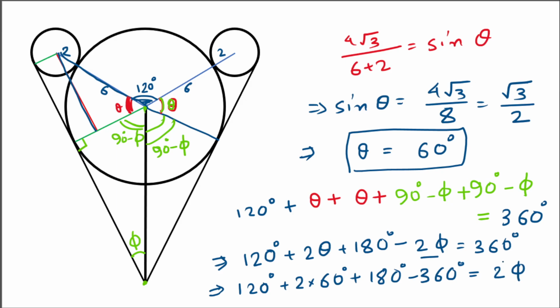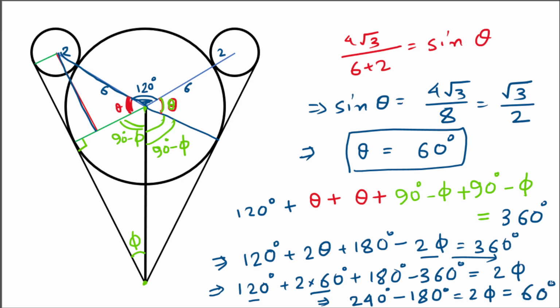We are taking this 2 phi to this side of the equation. So we'll write it again. This is 240 minus 180 degree, because 120 plus 120 is 240. So 2 phi simply equals 60 degree.